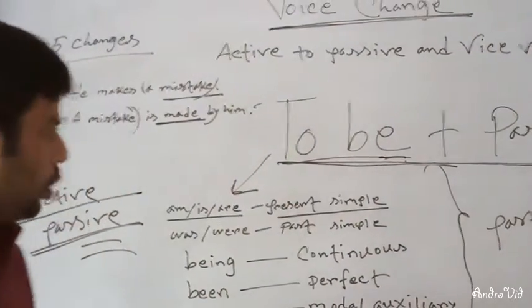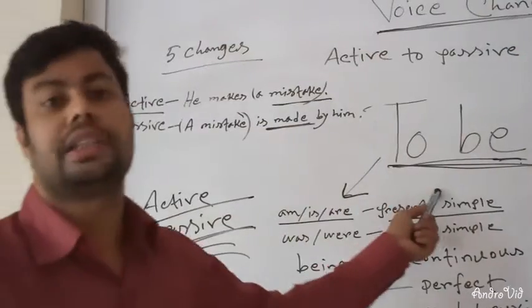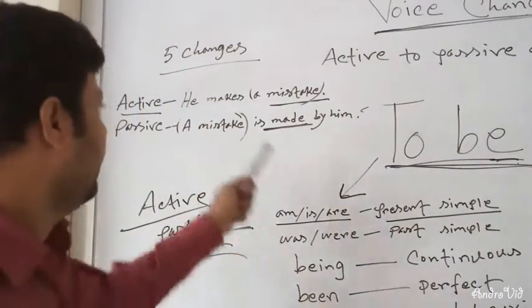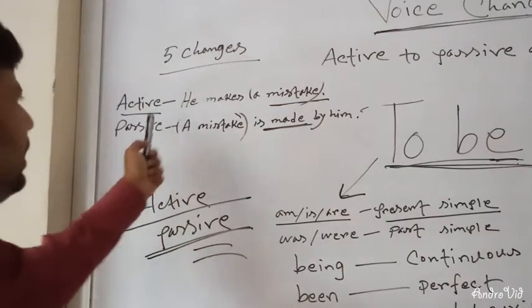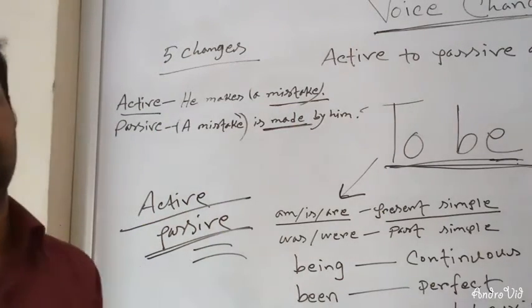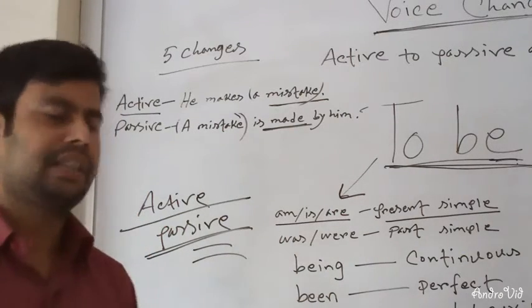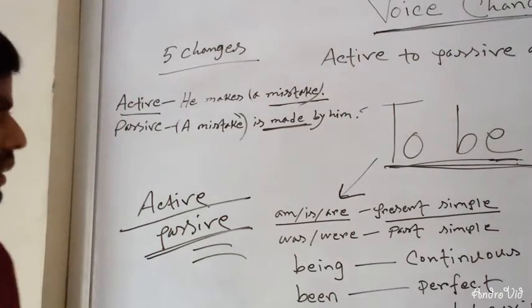So here the question comes naturally, what is a to be verb? I will talk about it later on. Let me talk about the changes. How many changes happen while you make passive sentences from active sentences?